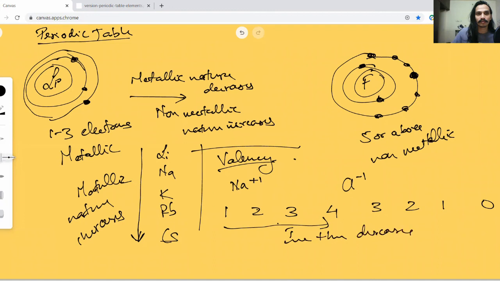What about lithium, for example: lithium, sodium, potassium, rubidium, cesium. Will the valency increase, decrease, or not? Valency does not change when we go down. Lithium has 1, sodium also has 1, and potassium, rubidium, cesium all have the same valency. So when we look down a group, valency does not change.